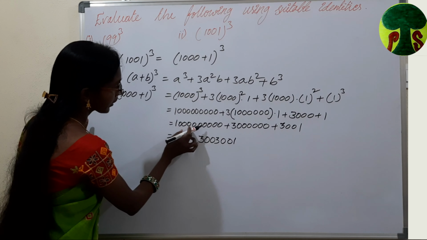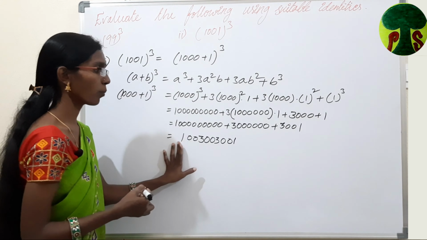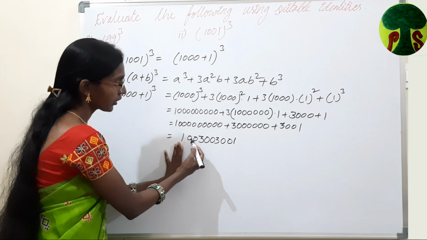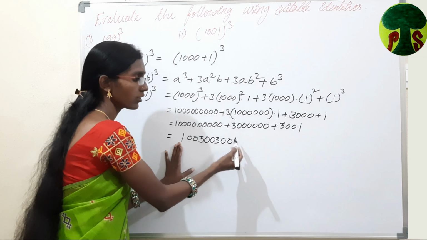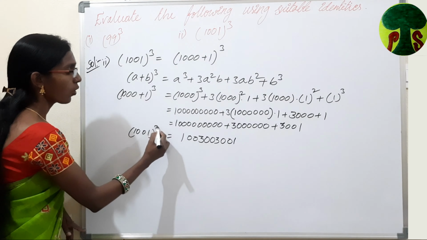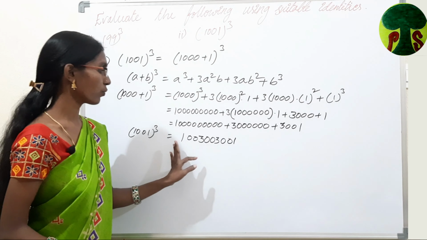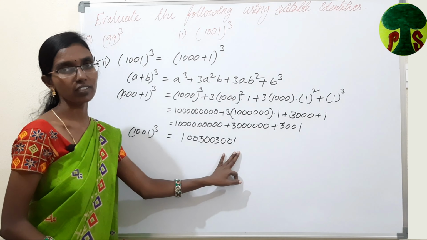Then we write 2 zeros and 1. So after 1, how many digits should be there? There should be 9 digits: 1, 2, 3, 4, 5, 6, 7, 8, 9. So the value of 1001 whole cube is equal to 1, 0, 0, 3, 0, 0, 3, 0, 0, 1. This is the required answer.